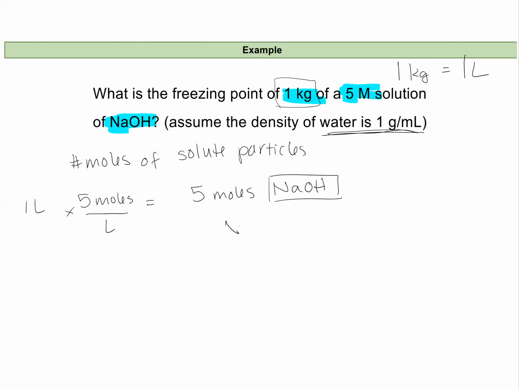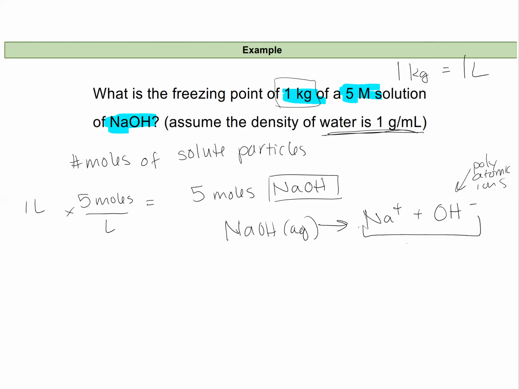Aqueous sodium hydroxide forms sodium cations and hydroxide anions. This is one of our polyatomic ions. So I'll have 2 particles for every 1 sodium hydroxide. So really, that 5 moles of NaOH becomes 10 moles of particles.